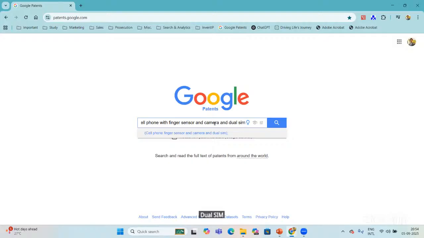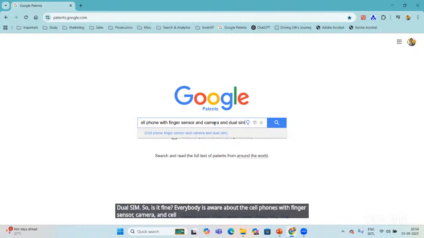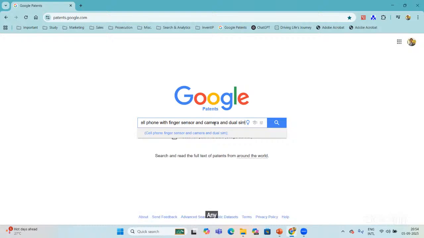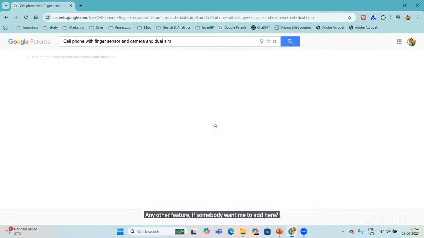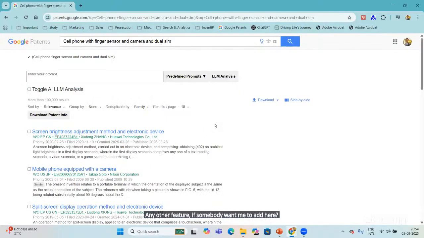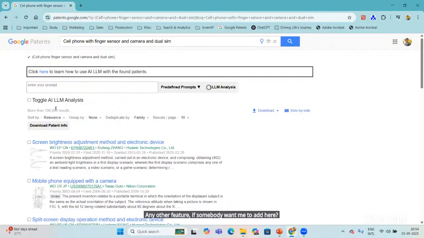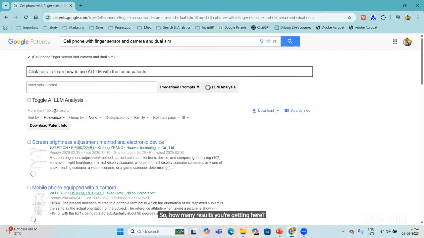Everyone is aware of cell phones with finger sensor, camera and dual SIM? Any other feature somebody wants me to add here? So how many results are you getting here? More than 100,000. Is it visible to everyone? Yes, we can see it.